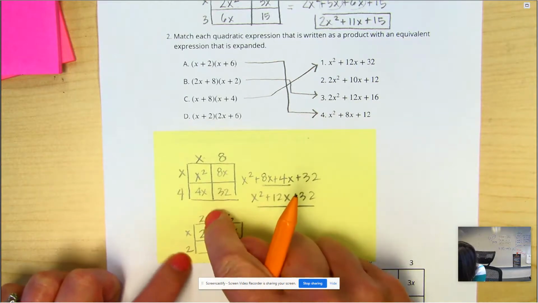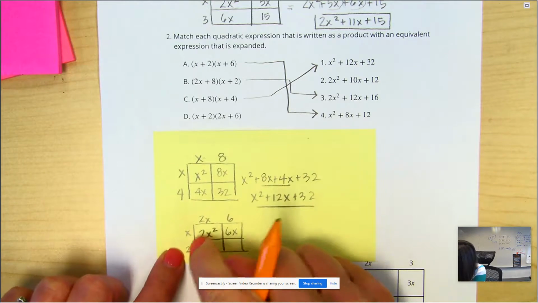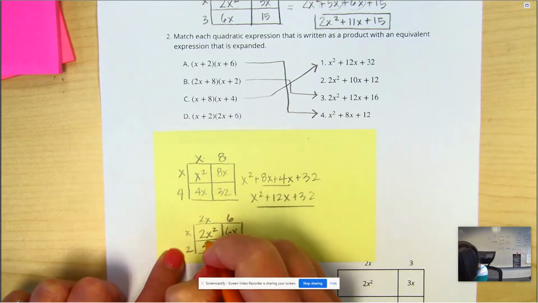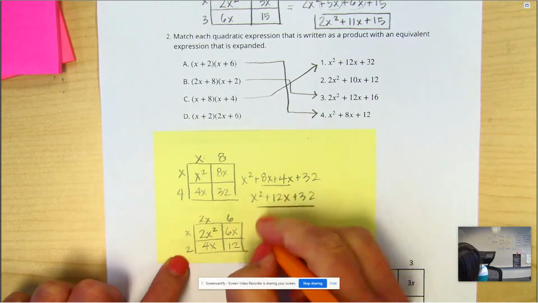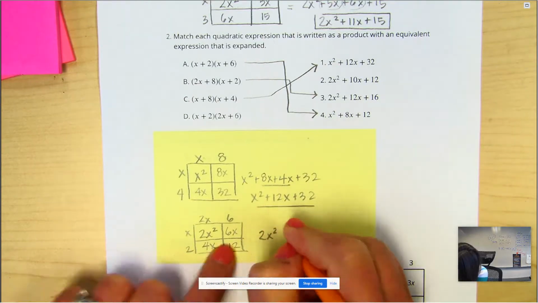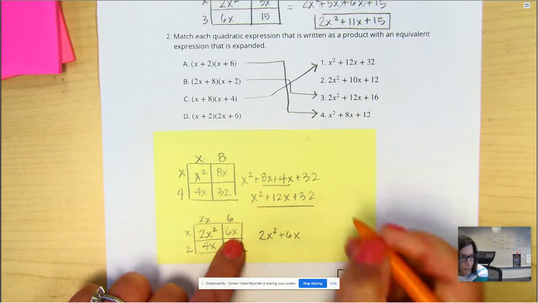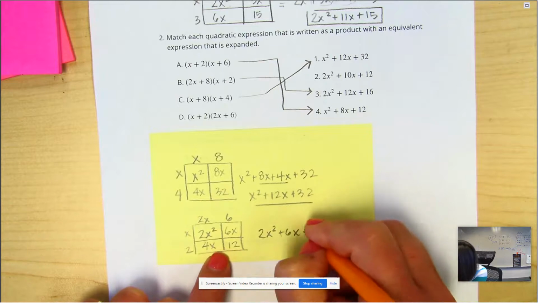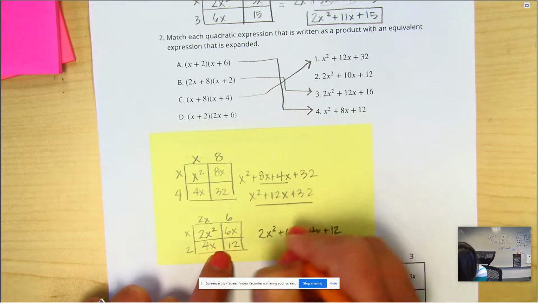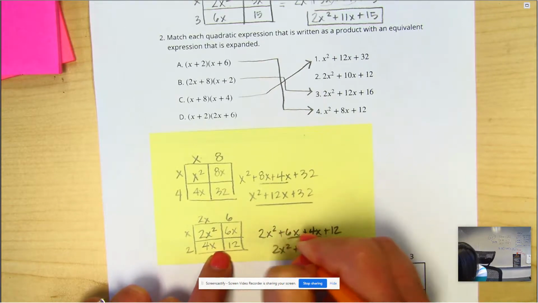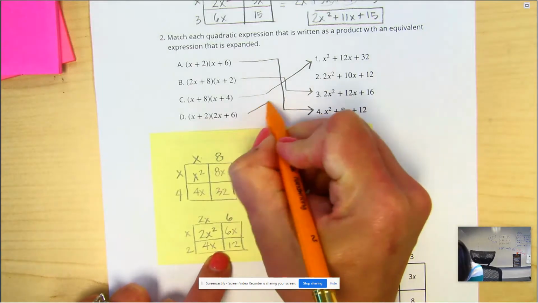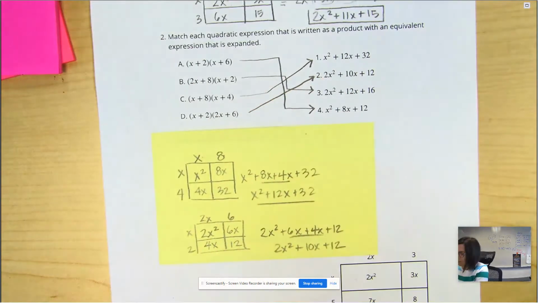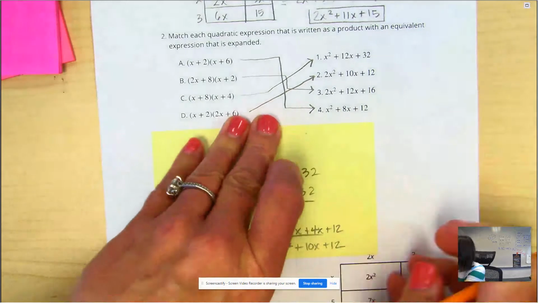A 2x times a 2, think of 2 groups of 2x, 4x. And 2 times 6 is 12. 2x squared plus 6x plus 4x plus 12. 2x squared plus 10x plus 12. And yay, it works out. All right, let's keep on checking. Number 3.